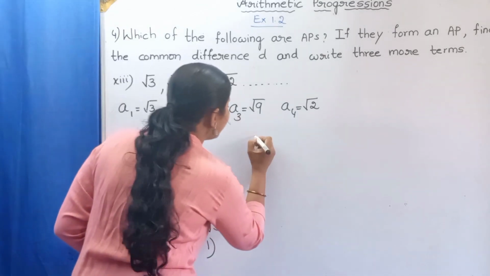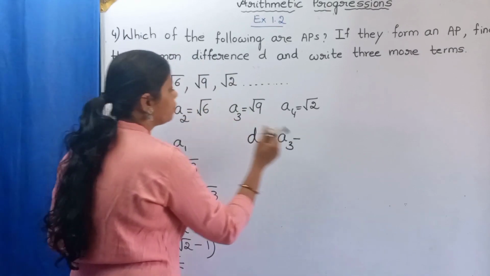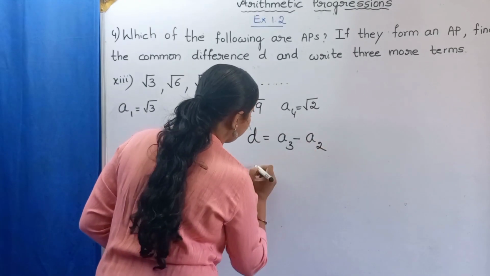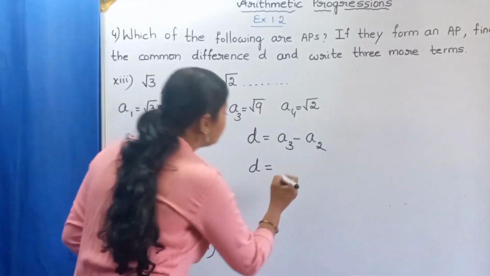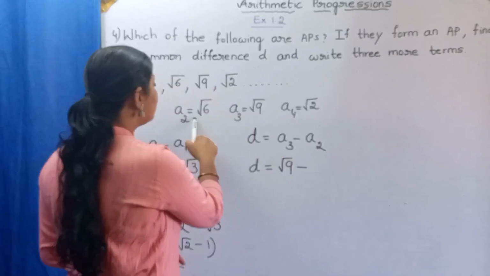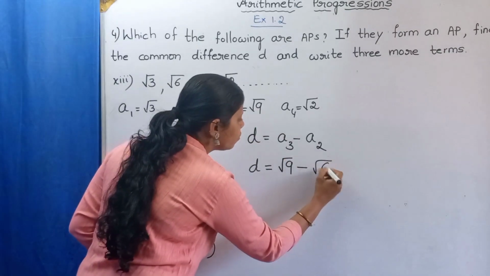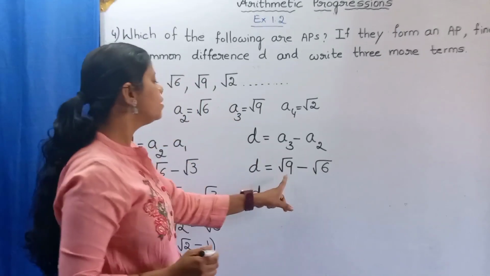Okay? That is d is equal to a3 minus a2. Okay. d is equal to a3 is what? Root 9, minus a2 is root 6. Okay. Now d is equal to this root 9.